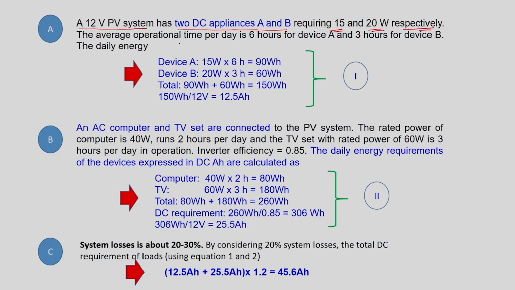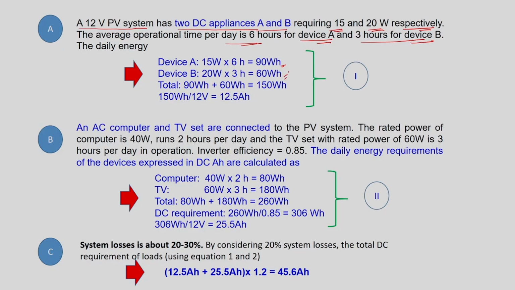The average operational time per day is 6 hours for device A and 3 hours for device B. Device A may be fans or tube lights, and device B may be a mixer grinder or something like that. The daily energy requirement for device A is 15 watt multiplied by 6 hours, so it will be 90 watt hour. For device B it is 20 watt multiplied by 3 hours, which is 60 watt hour.